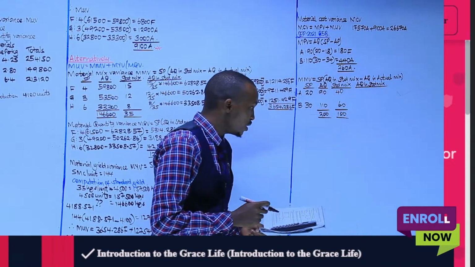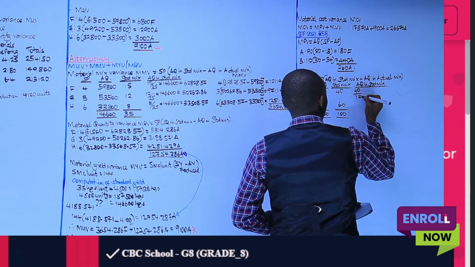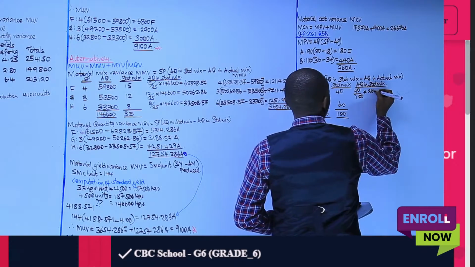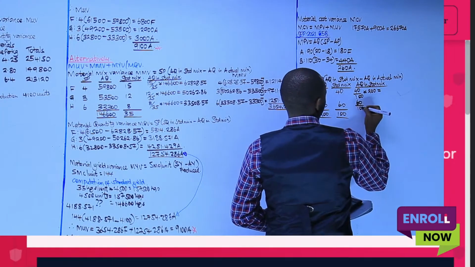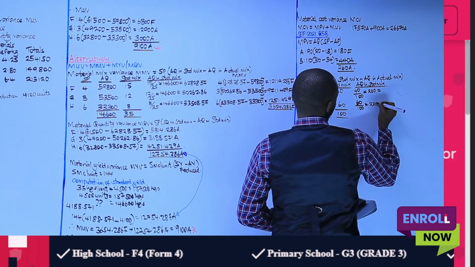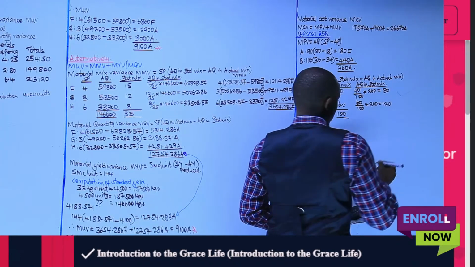And how will that be? This will be 40 over 100 times 200, 60 over 100 times 200. That is 80, and that is what? 120.